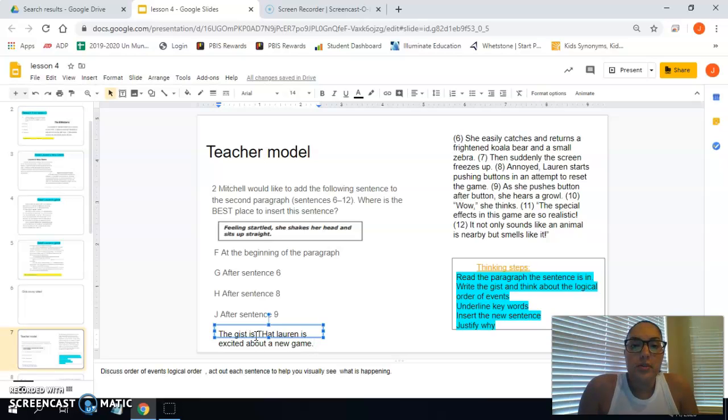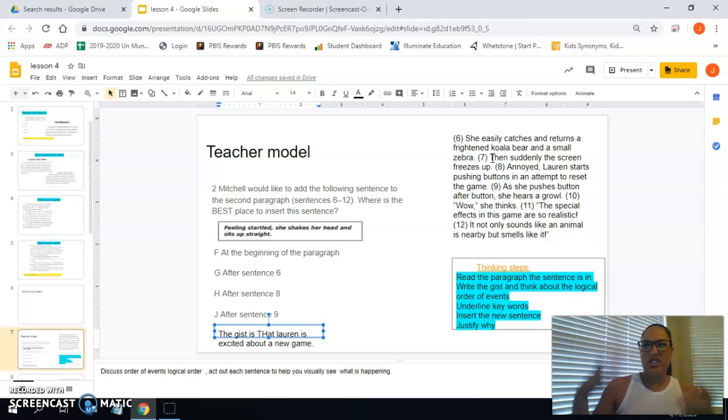It says, where would be the best place to insert this sentence? It says at the beginning of the paragraph. So let's see. If I were to put it right here: Feeling startled, she shakes her head and sits up straight. She easily catches and returns the frightened bear and small zebra.